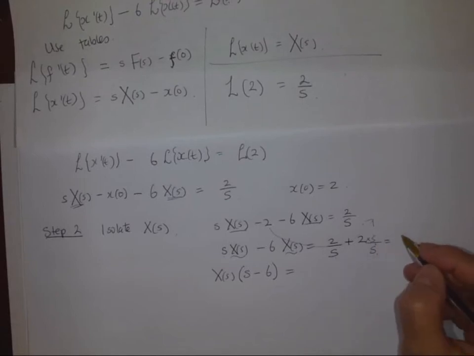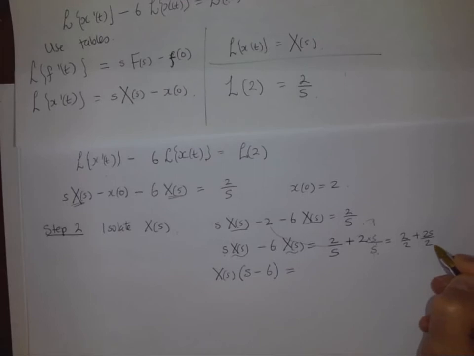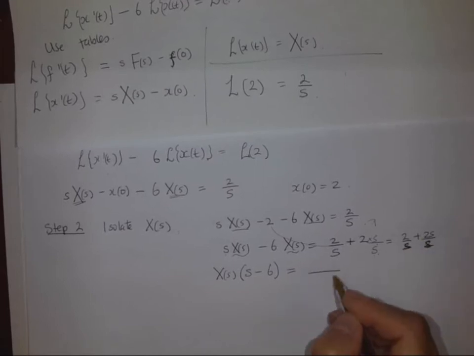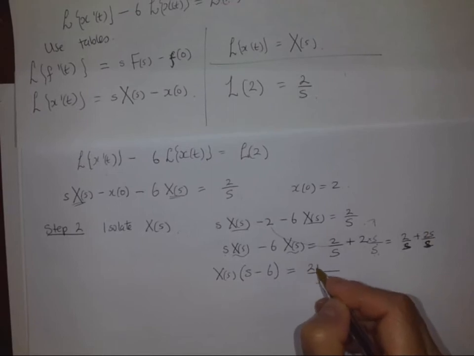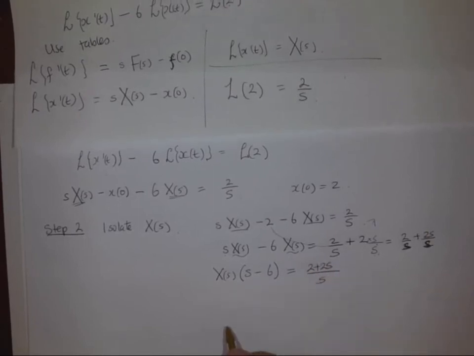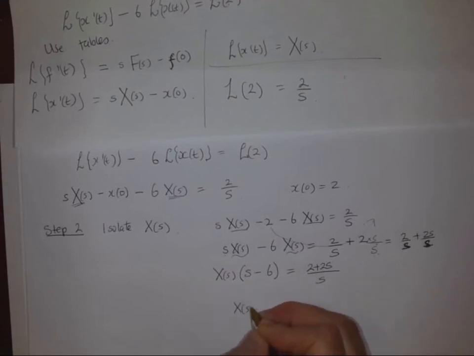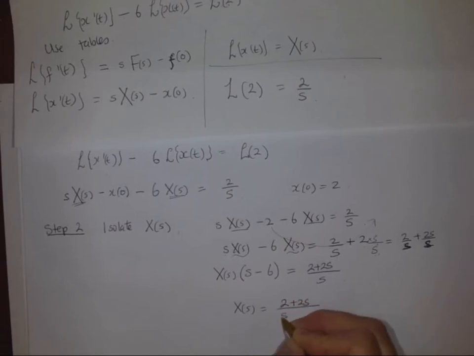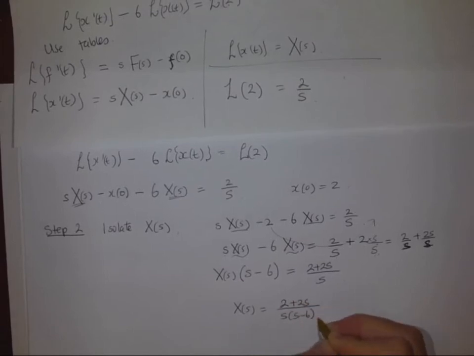So that now becomes 2 over s plus 2s over s. So now we have a common denominator of s, and we have 2 plus 2s. So now all we do is bring the s minus 6 underneath here. So we have x of s equals 2 plus 2s over s on s minus 6.